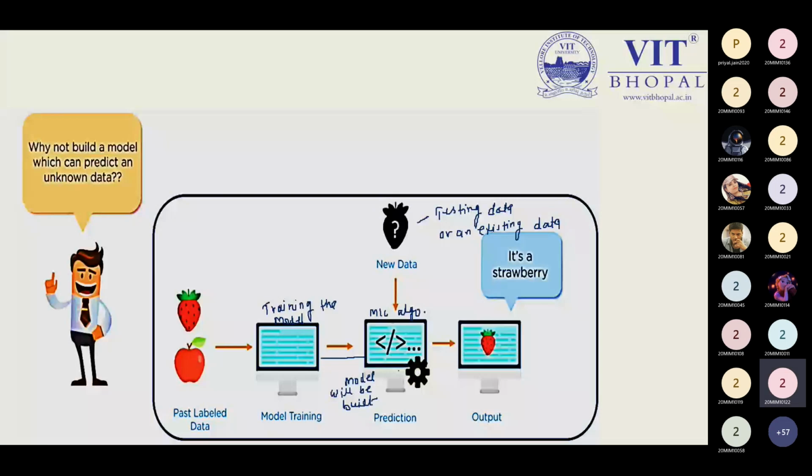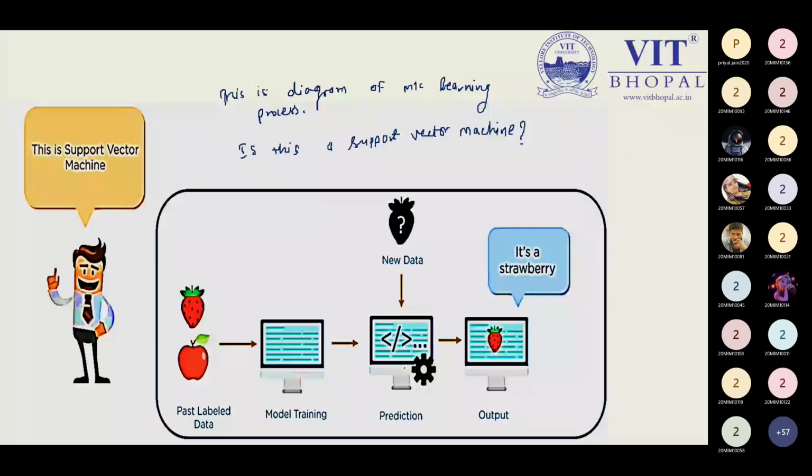So this is the support vector machine. The person is telling me so, but I have a big question in my mind. This is the diagram of the machine learning process. Is this a support vector machine? Yes, of course, because any algorithm of machine learning will follow the machine learning process. So this is the process of machine learning steps we are using here.